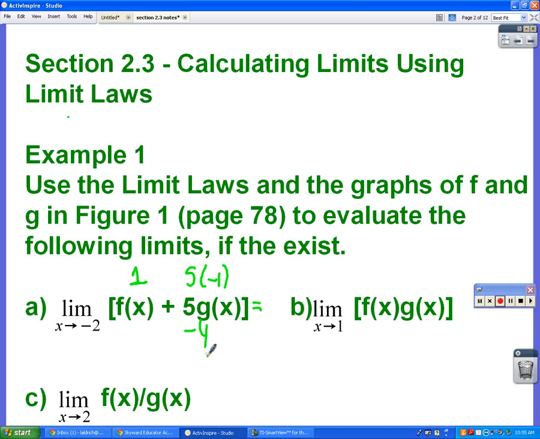You can't do it? What's the limit as x approaches 1 of f of x? 2. Okay. What's the limit as x approaches 1 of g of x? It's 2 different things. Isn't it 2 different things? So it doesn't exist, right?